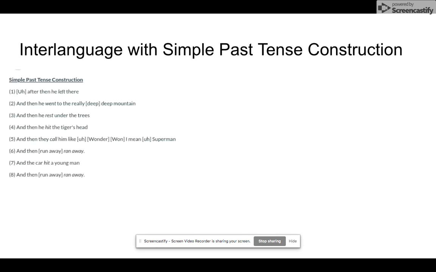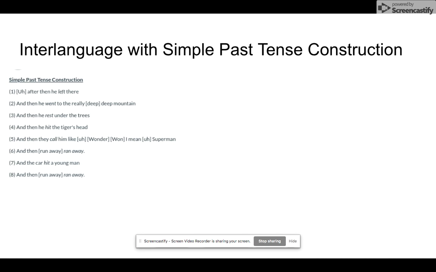So in terms of interlanguage, this is the part that I wasn't sure if I did correctly or not. I highlighted here in the first case the simple past tense construction from the tiger prompt. What we can see with the 8 examples that I provided is that 5 of these examples are correct: 1, 2, 4, 6, and 8.